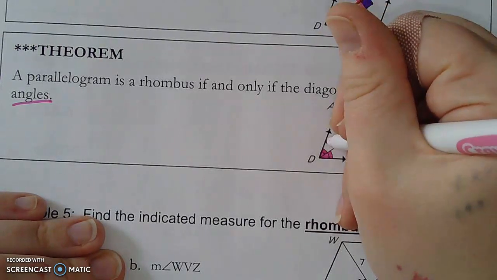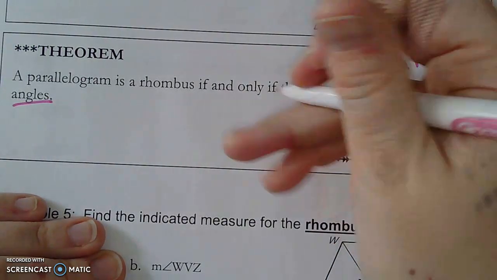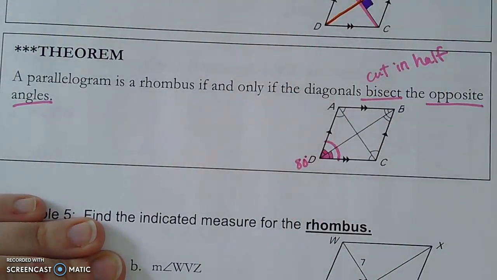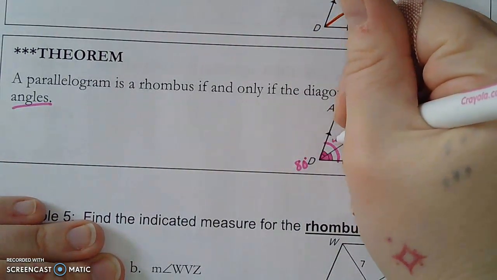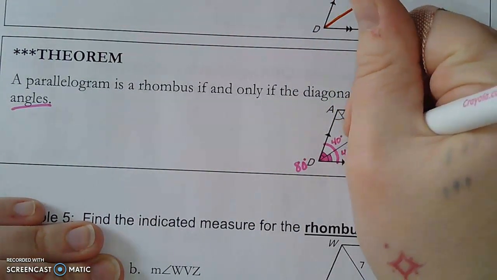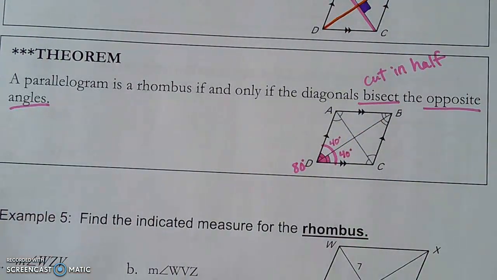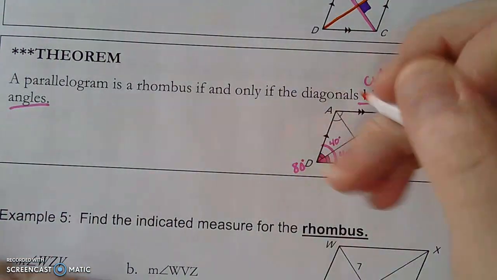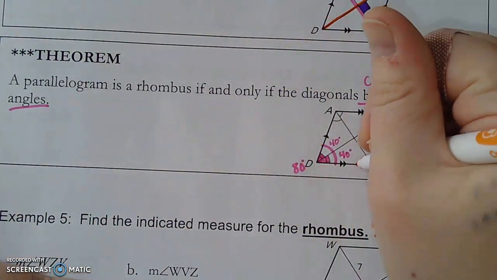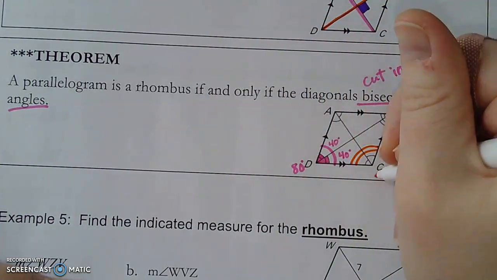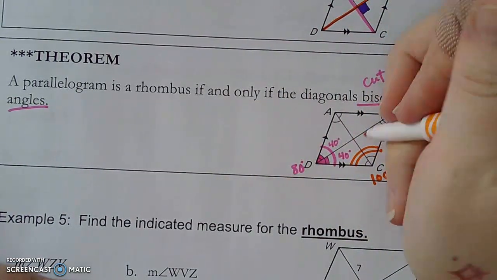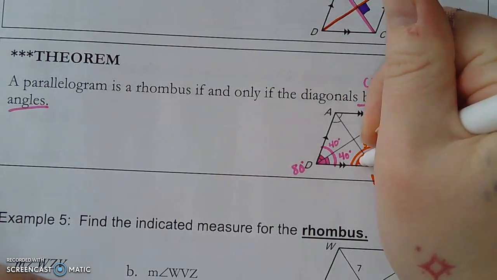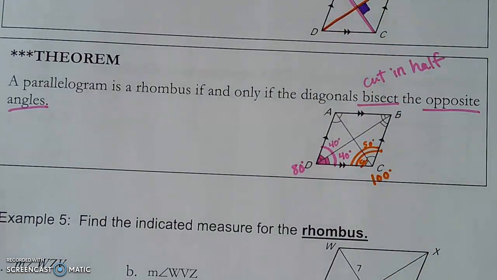So if this whole angle, angle D, is 80 degrees, that means this angle is 40 and this angle is 40. I also know if angle D is 80 degrees, then angle C is 100, which makes this angle 50 and this angle 50.